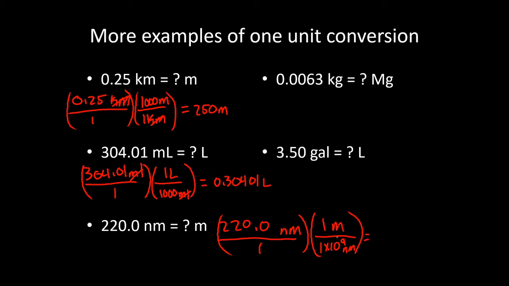By the way, if you did this slightly differently, and you instead said, I have 1 nanometer for every 1 times 10 to the negative 9 meter, the math is going to end up being exactly the same. This is essentially just 2 different ways of writing the same fraction. So that is going to end up being 2.200 times 10 to the negative 7 meters.